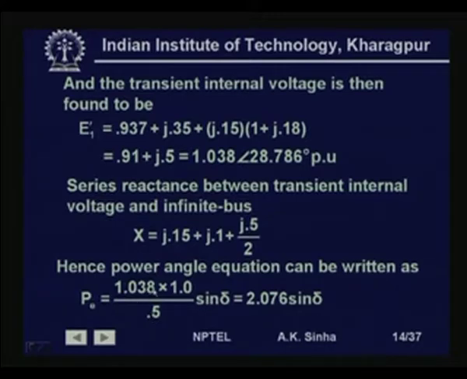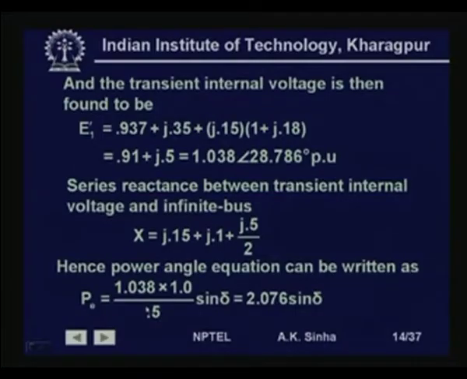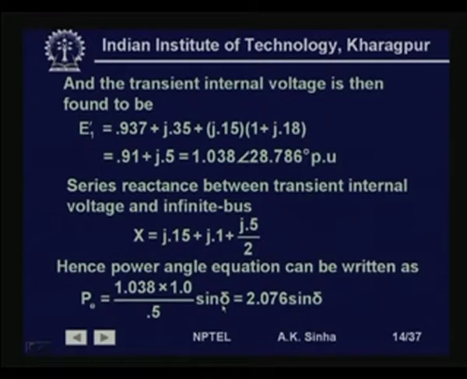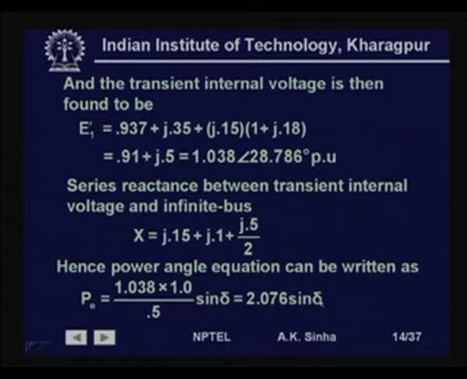E is 1.038, V is 1 angle 0, the voltage of the infinite bus. This is the transfer reactance, and delta is the angle between E and the infinite bus voltage. Since the infinite bus voltage angle we always choose as reference, that is 0 degree, this is the power angle, or the voltage angle behind the transient reactance. So, this we can write as 2.076 sine delta.